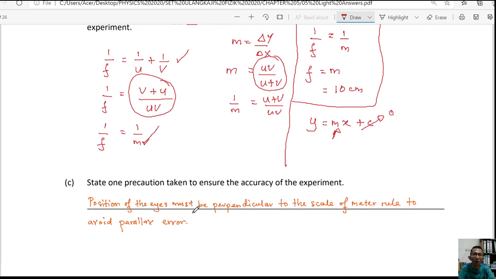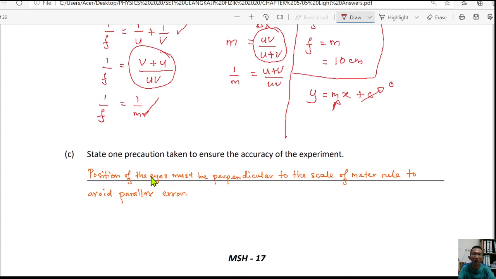Okay, now state one precaution taken to ensure the accuracy of the experiment. Remember that this is the magic answer. The position of the eyes must be perpendicular to the scale of the meter rule. So why did I put meter rule here?